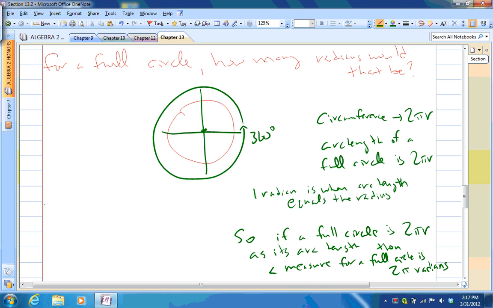So it means that 2 pi radians equals 360 degrees. Or 1 radian equals 360 degrees over 2 pi, or 180 degrees over pi.